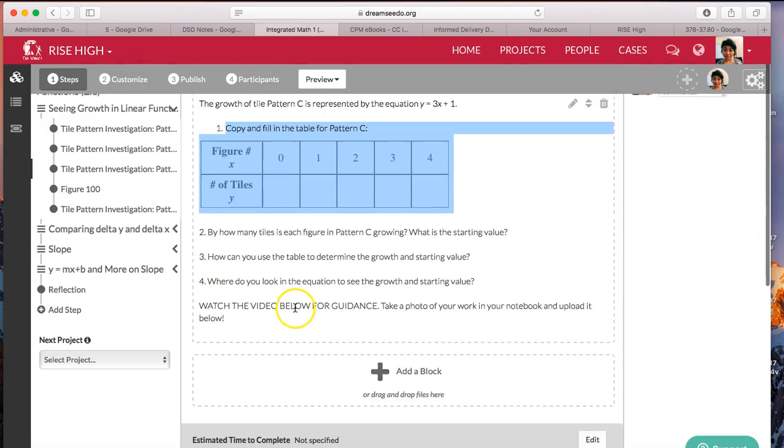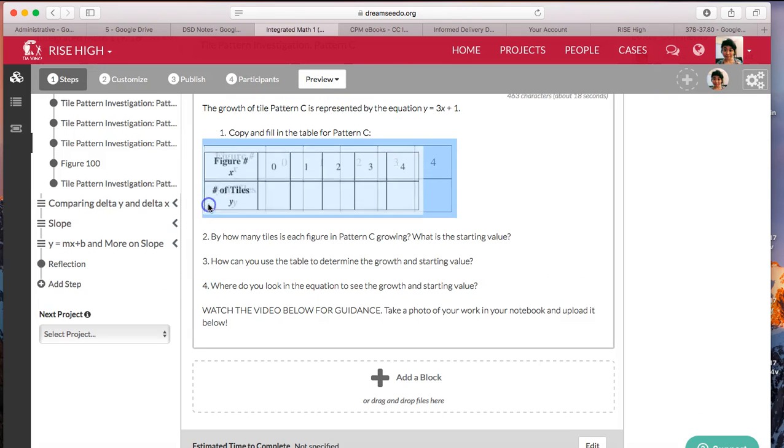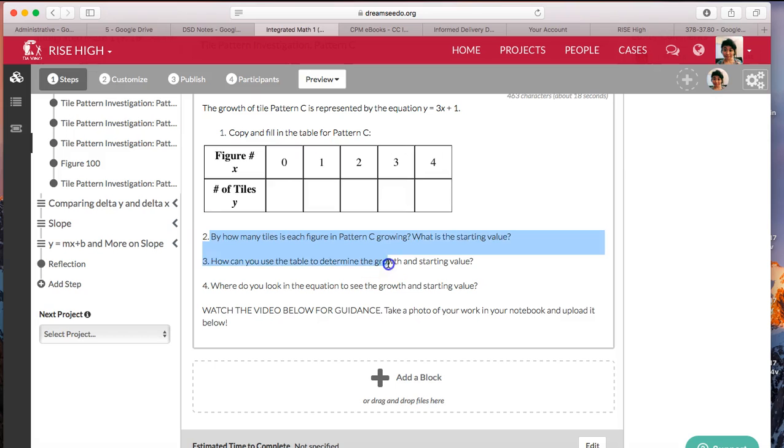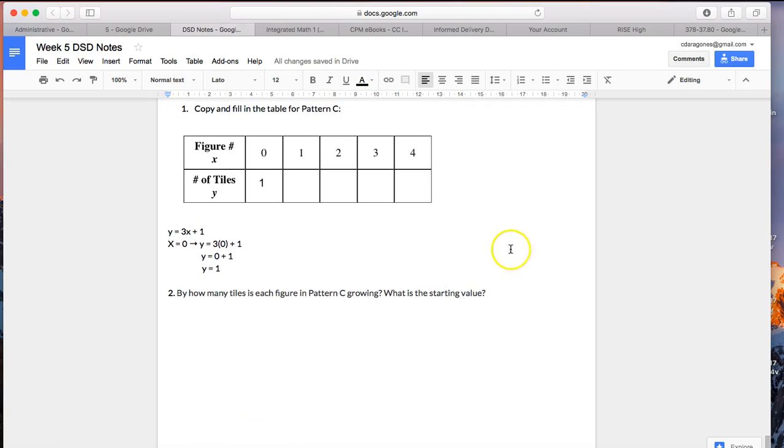So the second question is, by how many tiles is each figure in pattern C growing, and what is the starting value? So pretty straightforward. The starting value, we already figured it out. It's the number of tiles for figure 0. So we already know our starting value is 1, right?